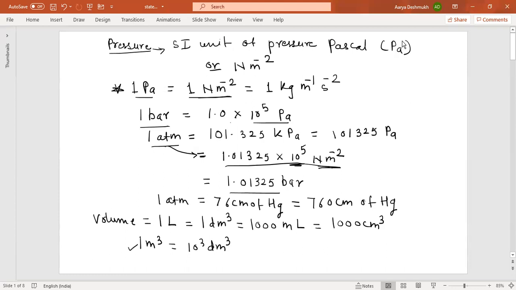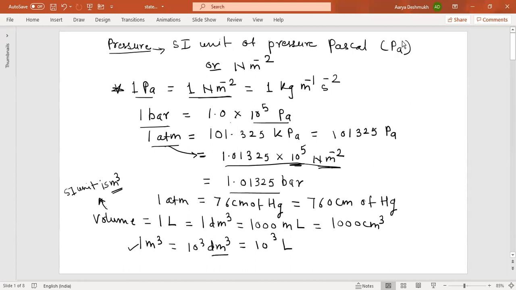Now this is the SI unit. Meter cube is the SI unit of volume. I can write here: SI unit of volume is meter cube. Okay, so you always remember the SI units also. 1 meter cube equals 10 raised to 3 dm cube equals 10 raised to 3 liter, right?